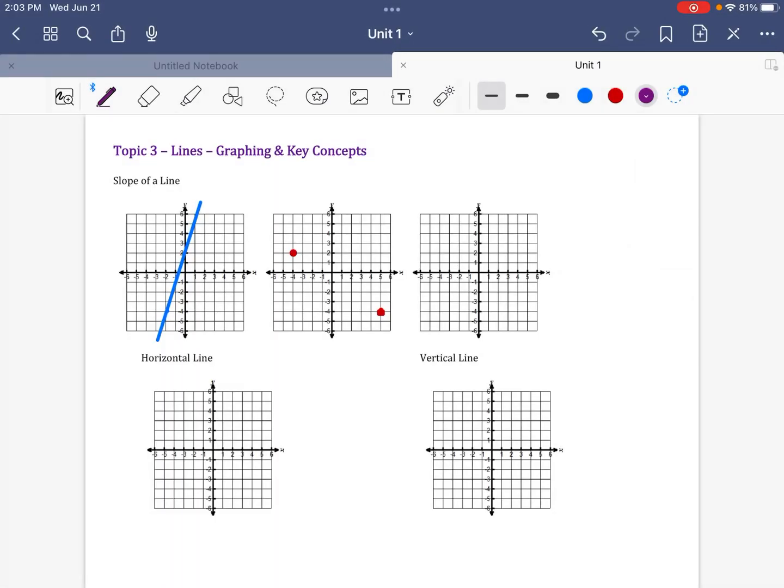All right, so lines are really an Algebra 1 concept, but we use them in Algebra 2 a little bit. So anyway, first thing to know is how to find the slope of a line. One thing to ask yourself is this: when you look at a line, is it increasing or decreasing? When you read a graph, you always read from left to right.